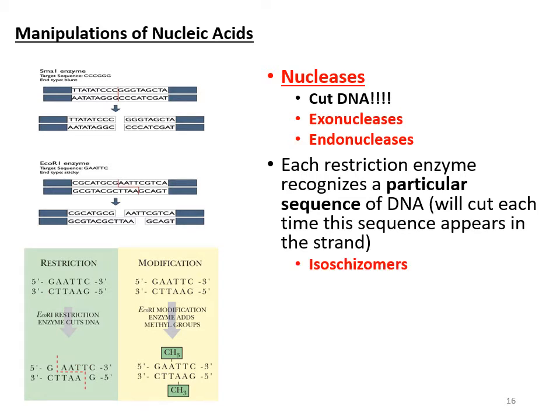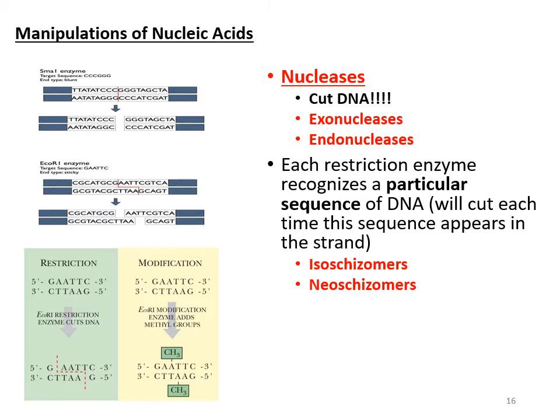Now, there are 2 terms I want you to know the difference between. So circle, star, highlight these because these are 2 of my favorite words in the English language. We have isoschizomers and we have neoschizomers. And both of these are terms for nucleases, but how they differ. The trick that I use to remember which is which, I think of neoschizomers first, because neo means new, okay?